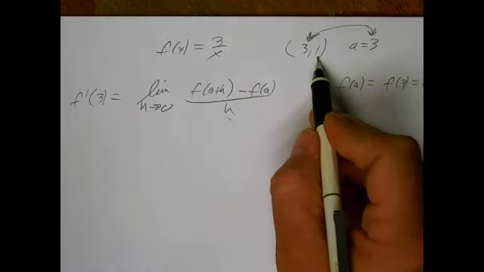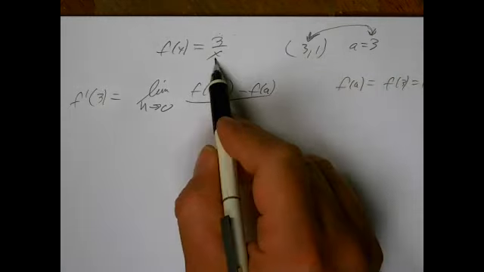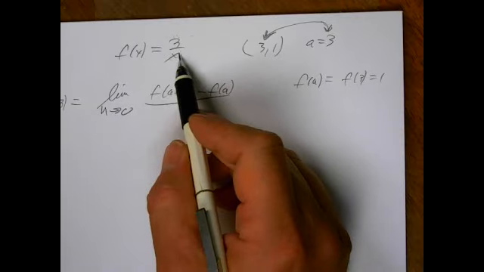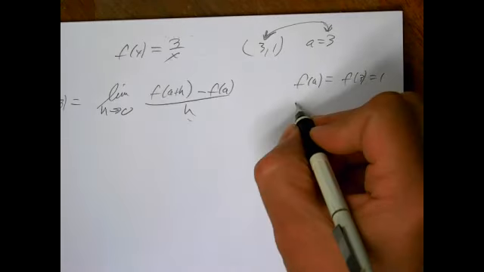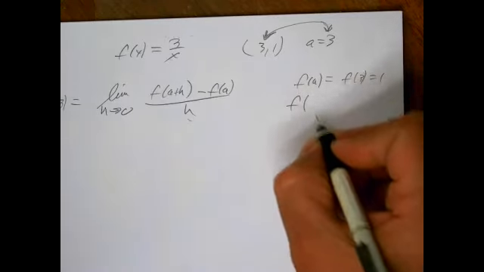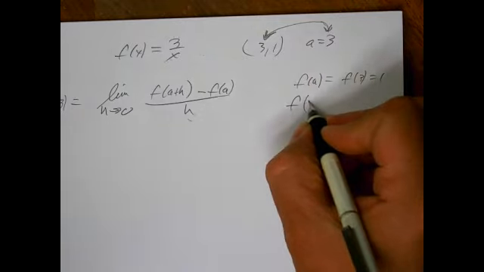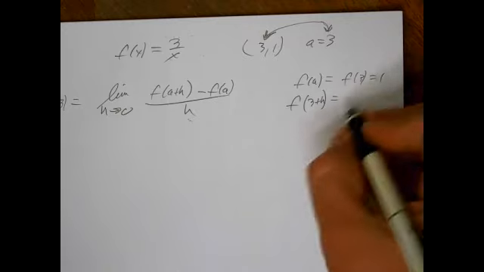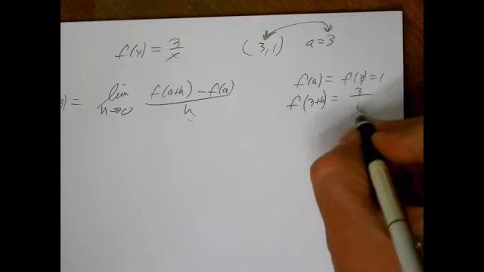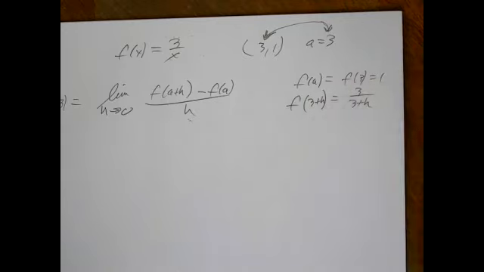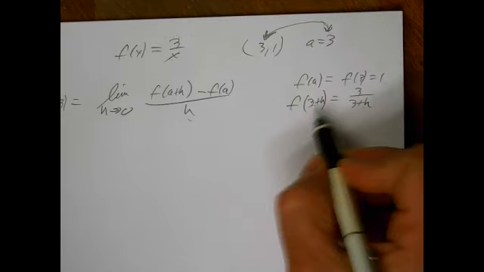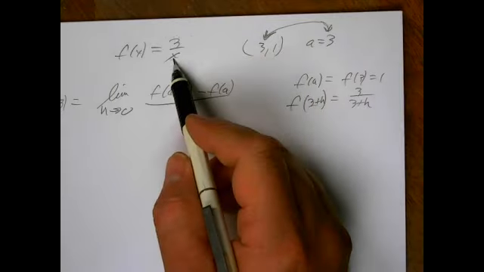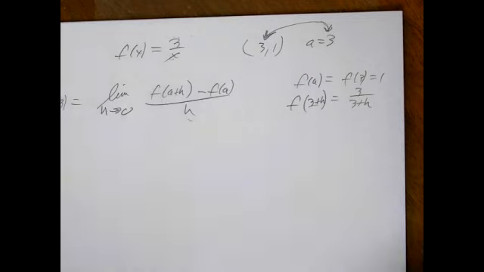They've already told us that, but I can plug the 3 in here real easy and see that for myself. Okay. F of a plus h is f of 3 plus h. And f of 3 plus h is 3 over 3 plus h. Again, just taking the 3 plus h and plugging in for x in the function notation.